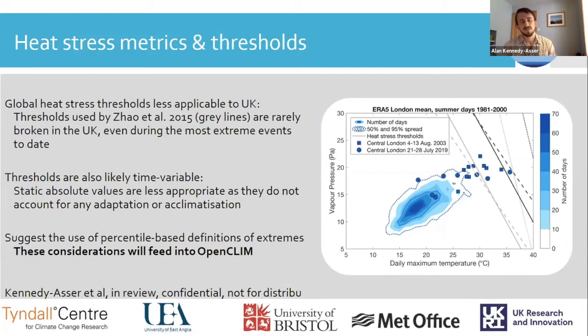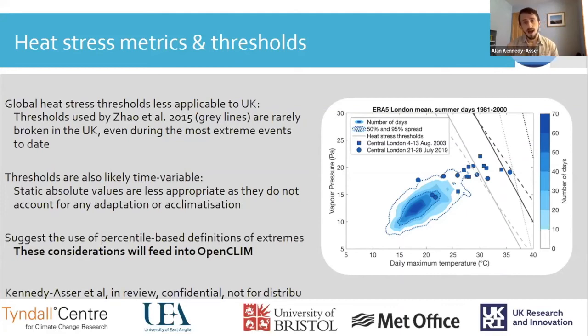The different lines, whether they're dashed or solid, relate to the different heat stress metrics. It doesn't matter specifically which one's which. The important thing here is that the paler grey lines for each of the three metrics show what was described as slight heat stress in this Zhao et al. ERL paper in 2015. And the darker line refers to their definition for moderate heat stress.